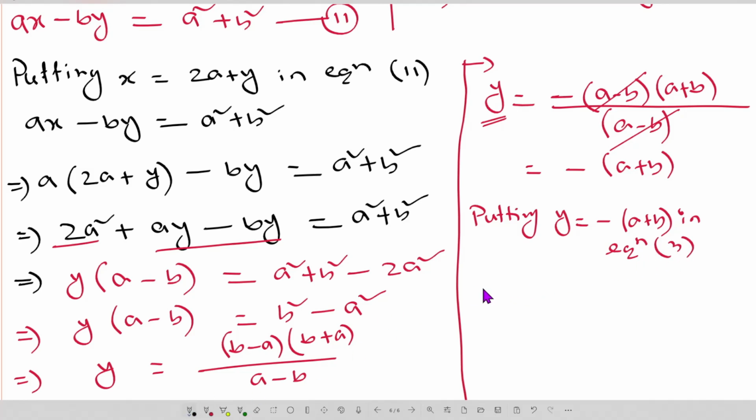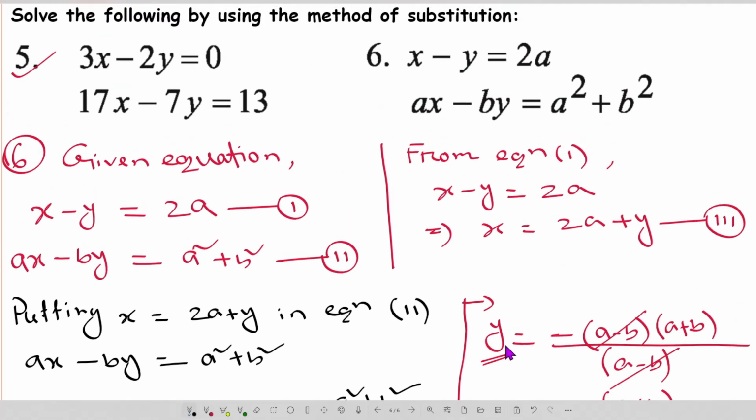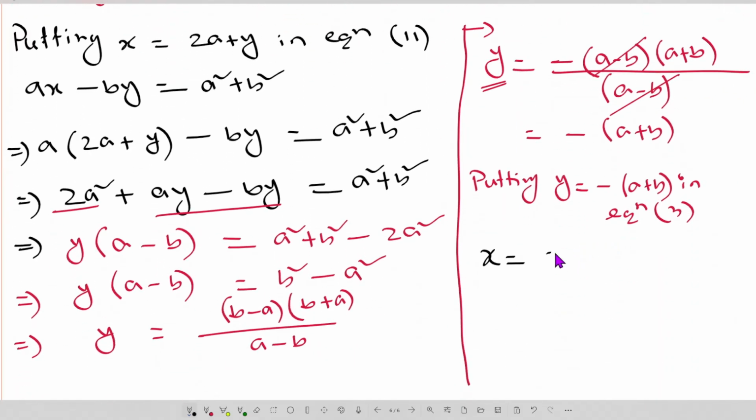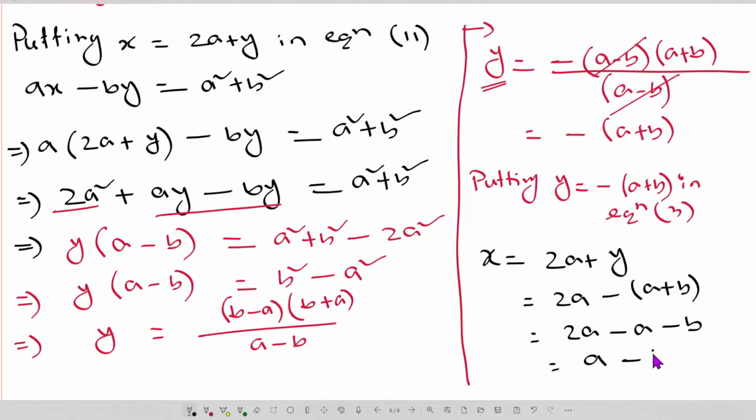Okay, so x equals 2a plus y, so 2a and y means minus a plus b. So 2a minus a plus b. So 2a minus a means a, and here is b.